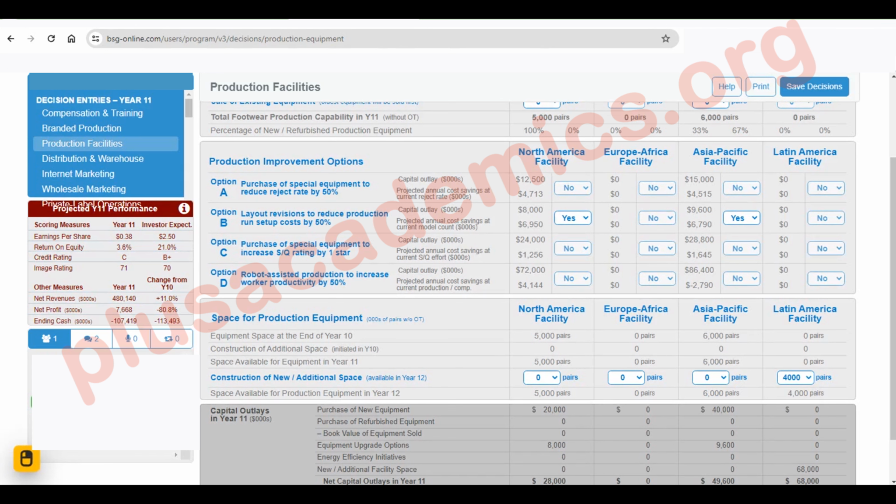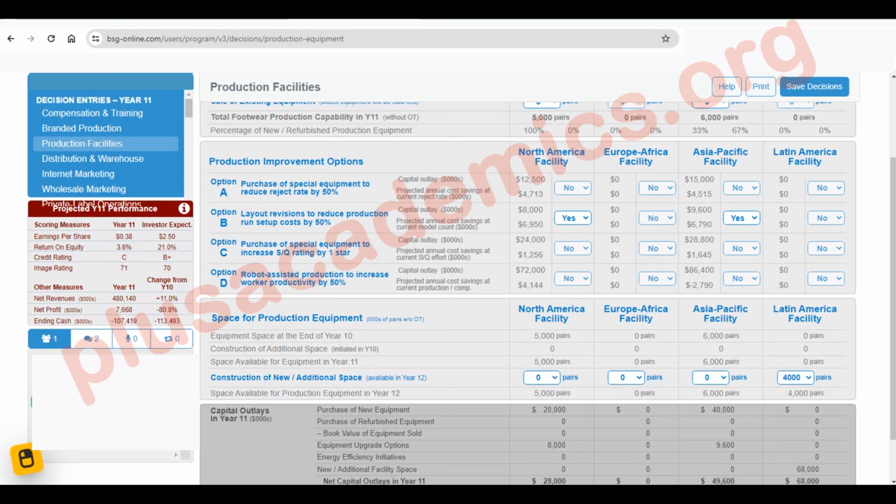The demand is going to increase, especially in Asia Pacific and Latin America, and that's where you are supposed to create a new production facility, so that you can enjoy cheaper production in those areas and also avoid tariffs and transportation cost. And that's why you can see now in Latin America, we're purchasing 4,000 worth of spaces, so that maybe starting the next year, we can start producing also in that region.